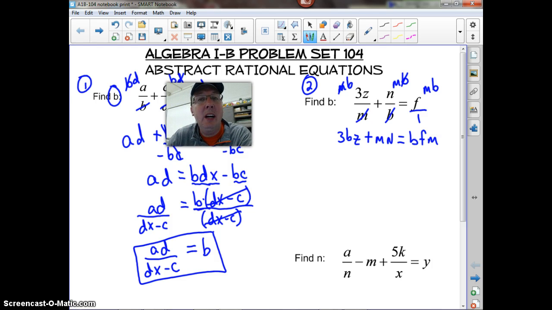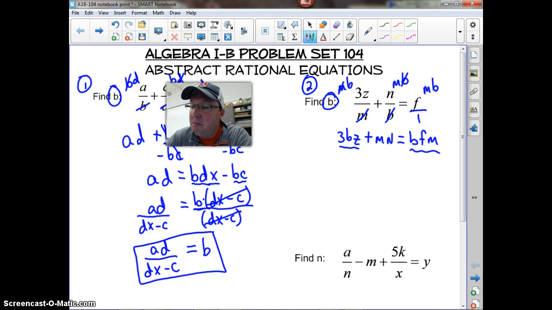All right, so I got rid of all the fractions. Now I look at what variable they wanted me to solve for. Well, in this case, it's B again. So I need to get all the terms with B in it by itself on one side. Now we got choices here. I have a B on the left, 3BZ, and I have a B on the right, BFM. I need to get them together on one side and that MN, the non-B term, by itself on the other side.